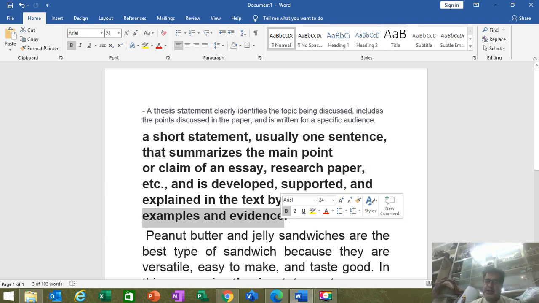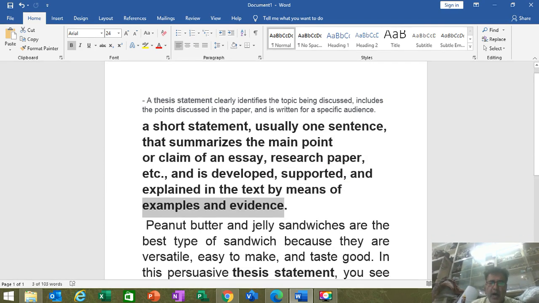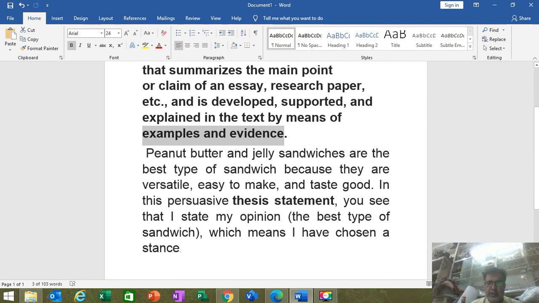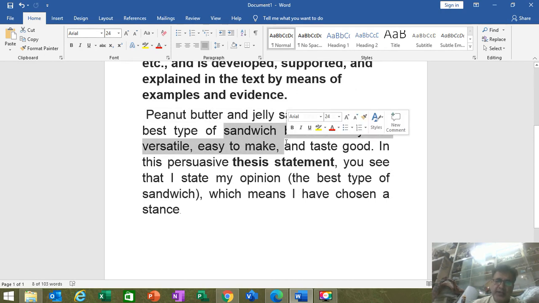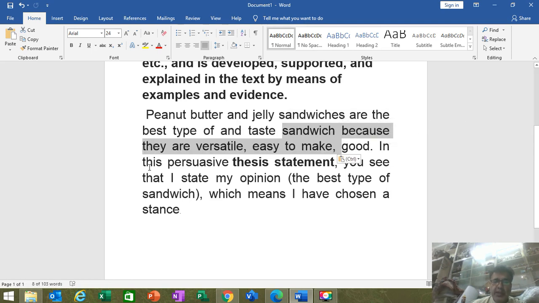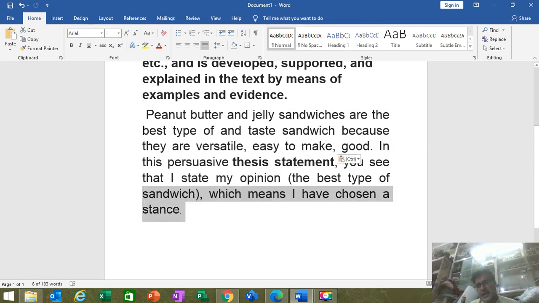This is normally a thesis statement. An example: Peanut butter and jelly sandwiches are the best type of sandwich because they are versatile, easy to make, and taste good. This is a persuasive thesis statement. You see that I state my opinion, the best type of sandwich, which means I have chosen a stance.